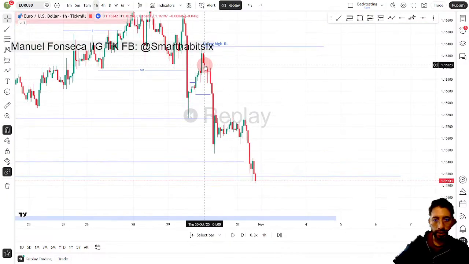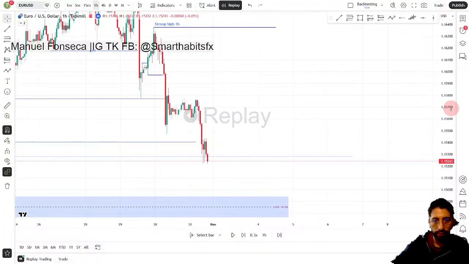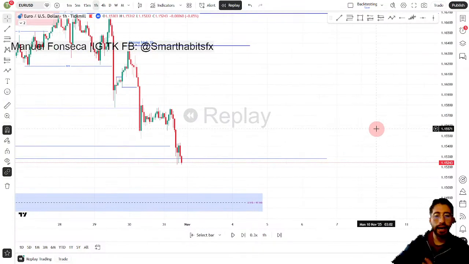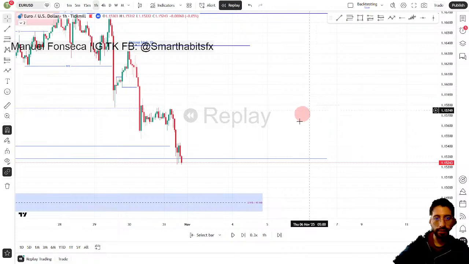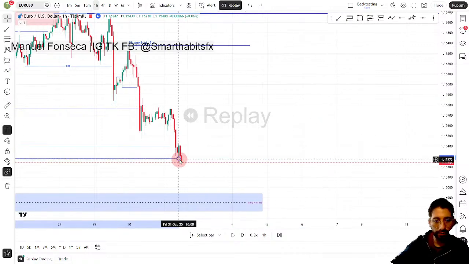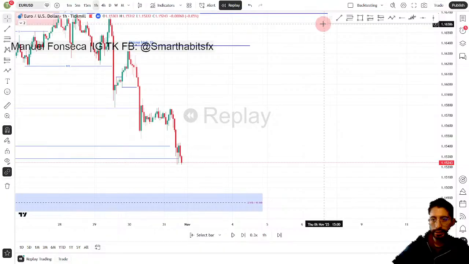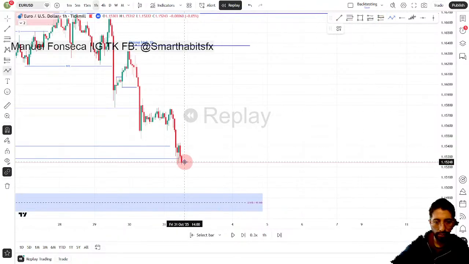Okay, now it broke an edge and it continued pushing down, right? And so far this is where we actually are, right? Now, according to the previous analysis, I still consider this may be a really interesting point in which the price can do what we said before, which was that the price may likely go down.